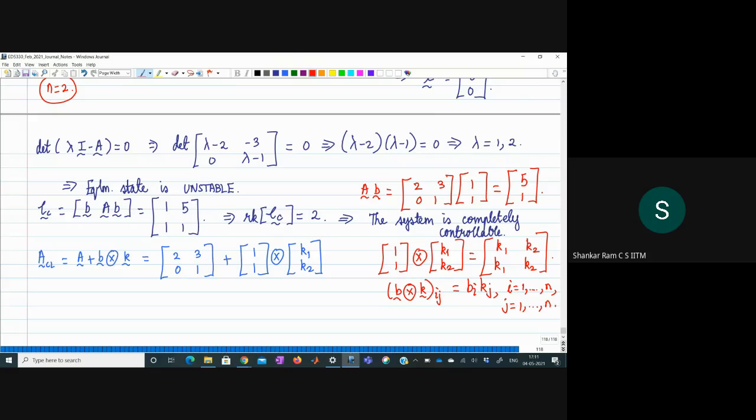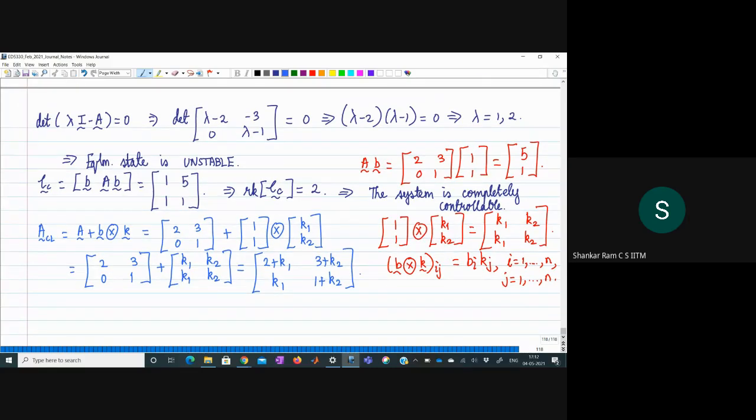Now we substitute this into the equation for ACL. So we have 2, 3, 0, 1 plus K1, K2, K1, K2. Once we have this, we have 2 plus K1, 3 plus K2, K1, 1 plus K2. That's our closed loop matrix.